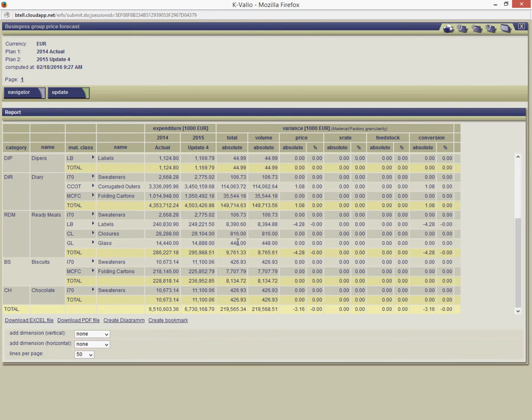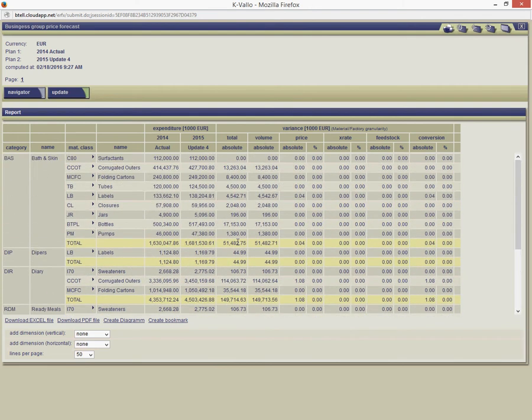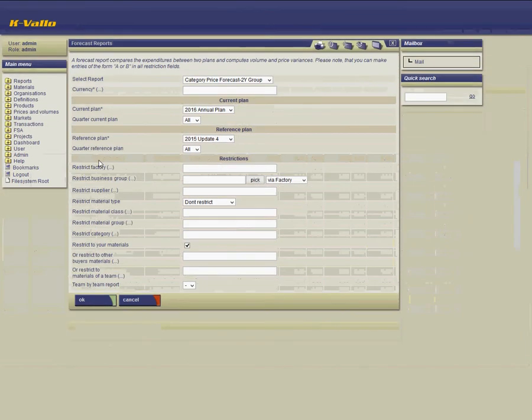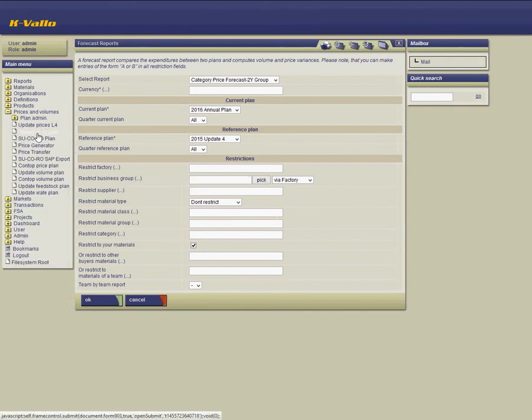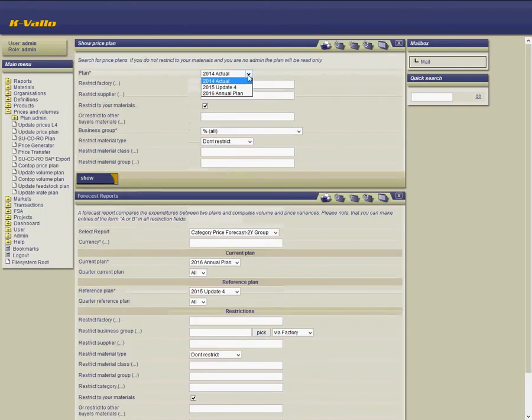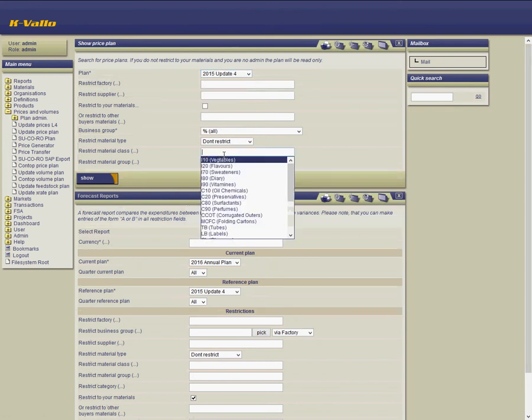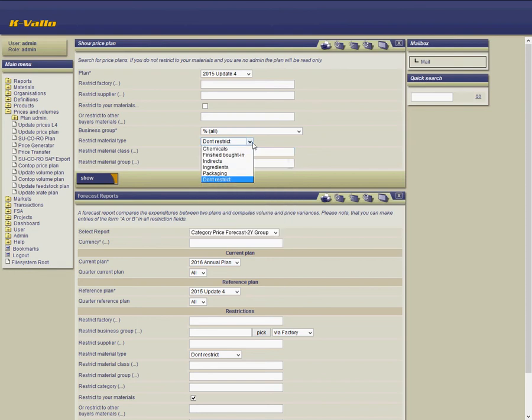Next point is we do some business planning now with the prices. The simplest way to change prices is to directly change them in the price plan. So we go to the price plan for 2015, and we would like to change the chemicals, which is the tegobetain.